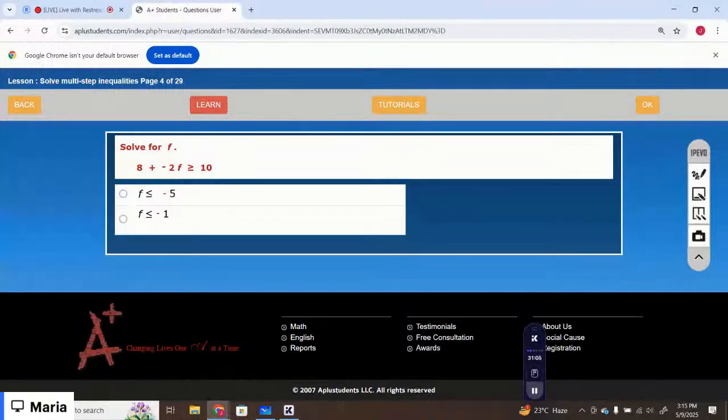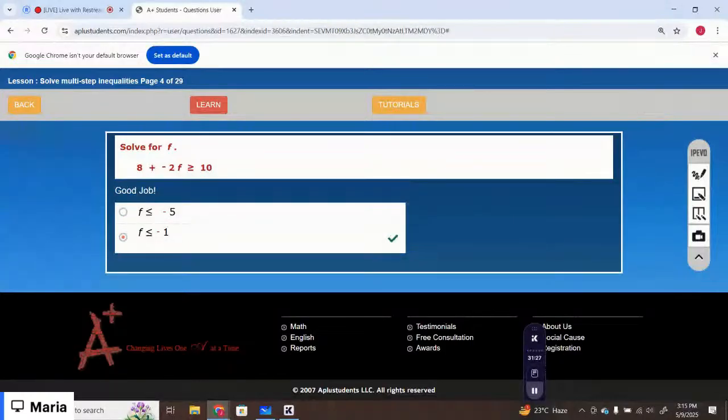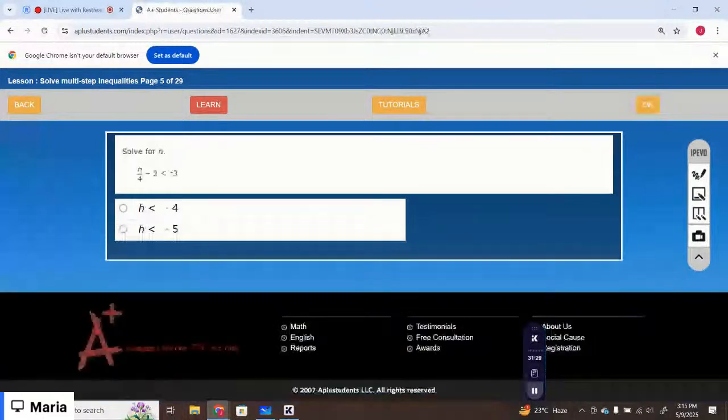Solve for F. F is greater than or equal to 10. So which is the correct option? F is less than or equal to negative 1. Option number 2 is the correct option. H over 4 minus 2 is less than negative 3. So which is the correct option?